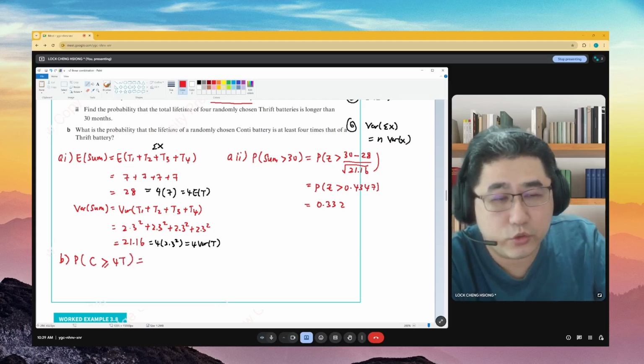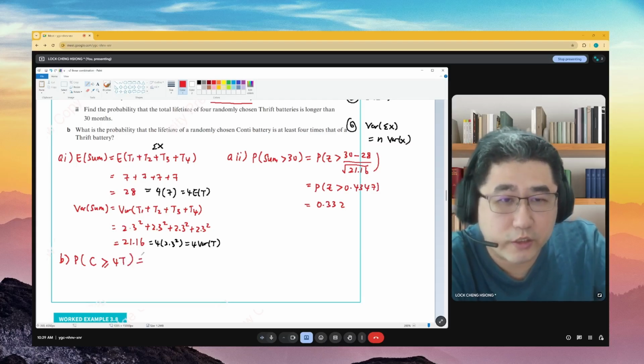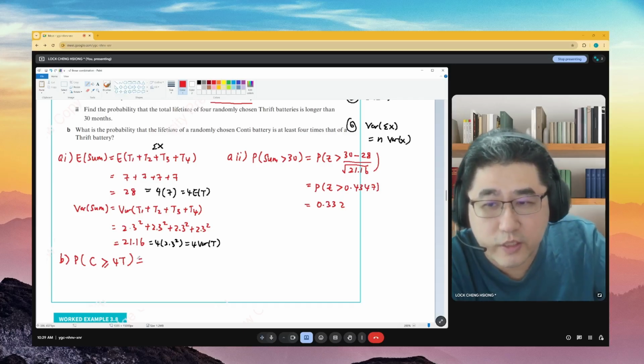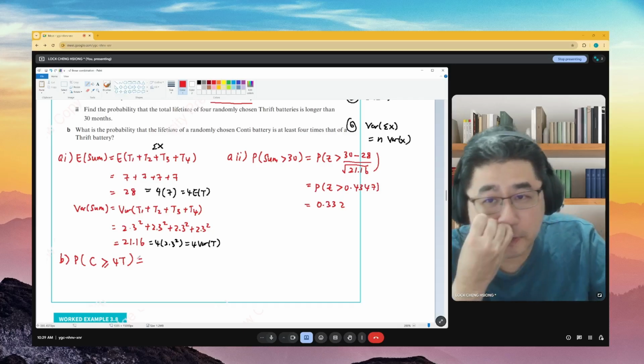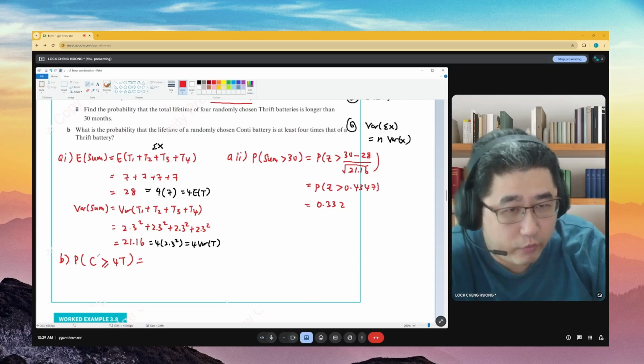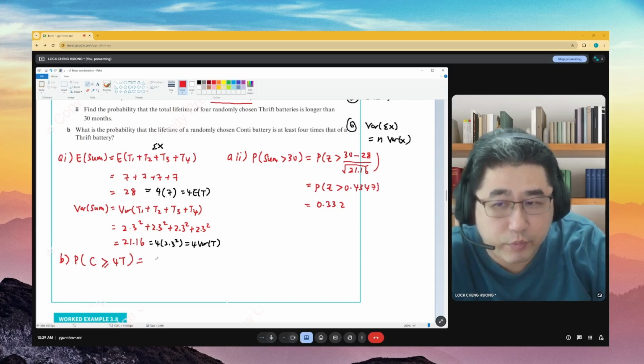This is similar to the rice questions earlier, the small rice and the large rice. It's just that this time you have a 4 times here. So we rearrange them and write in the proper form first.